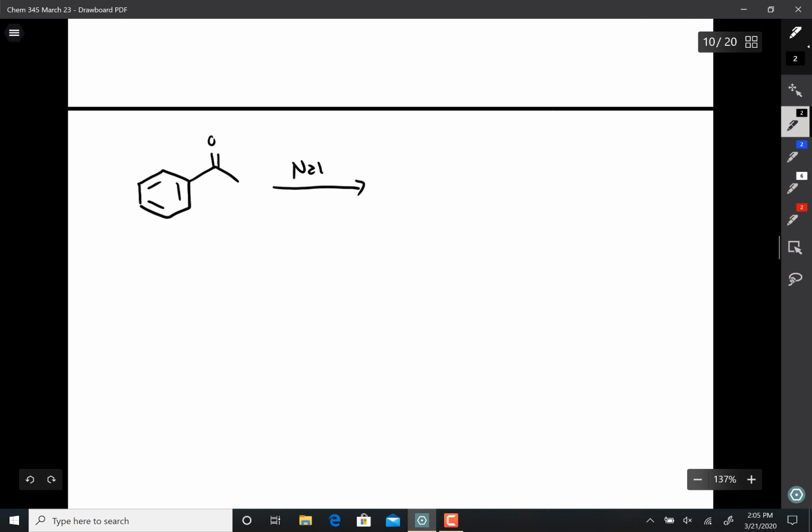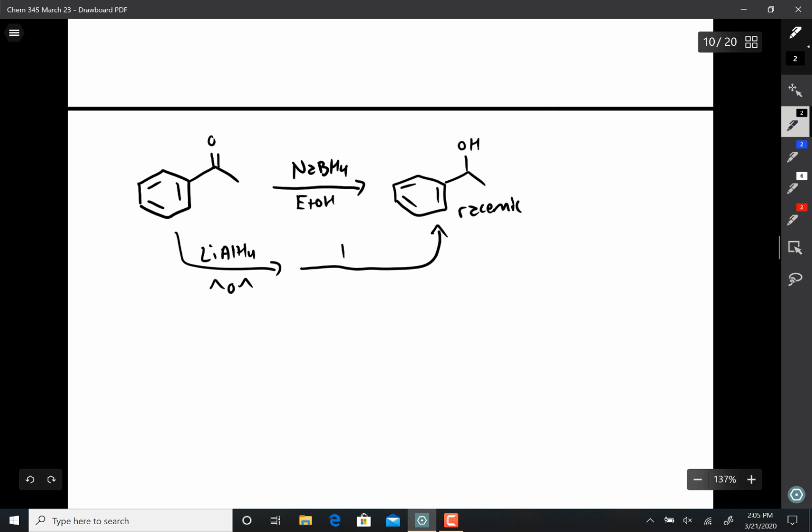Our other ways of reducing carbonyls, such as sodium borohydride, or the much stronger lithium aluminum hydride, stop at the alcohol.